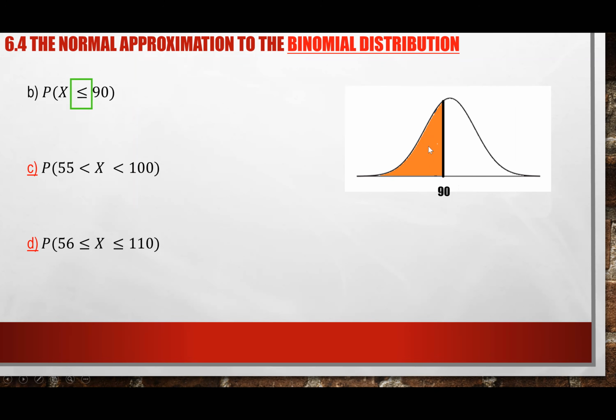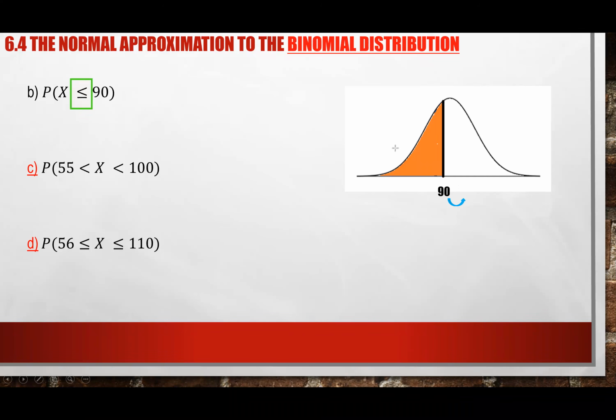So I want to make this orange area bigger. And if I want to make it bigger, everybody see that I need to move my endpoint to the right. I want to extend this area. I need to include this 90.